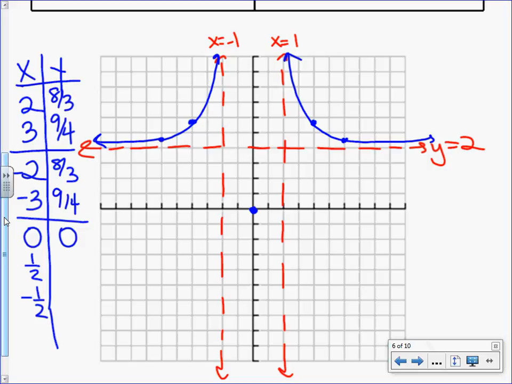When you get something, let me know. I heard a value. Negative what?